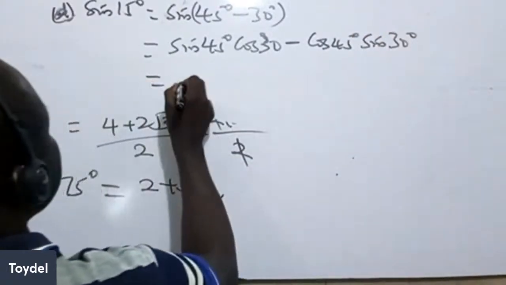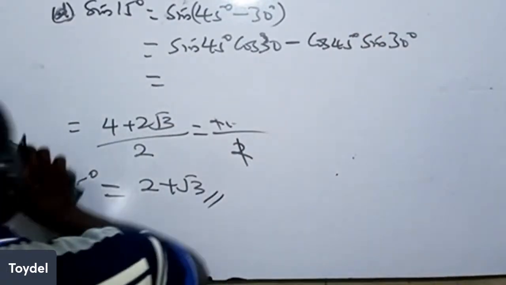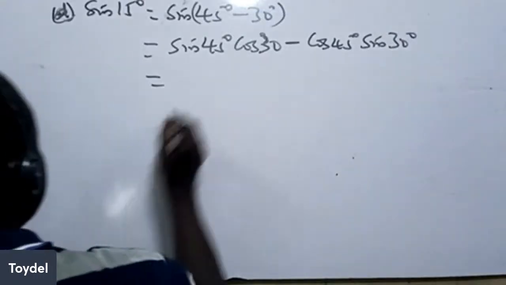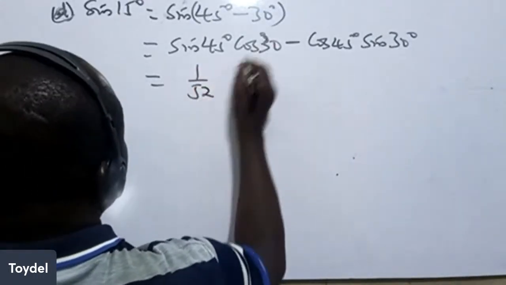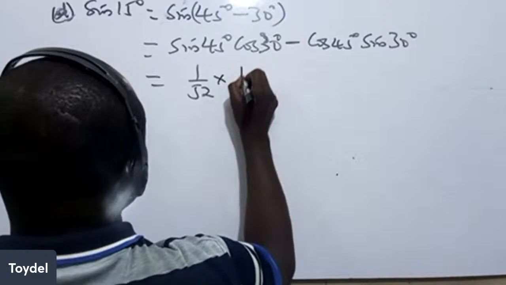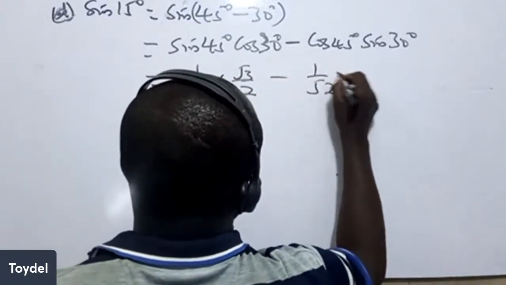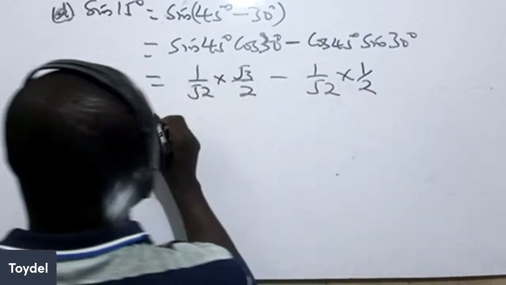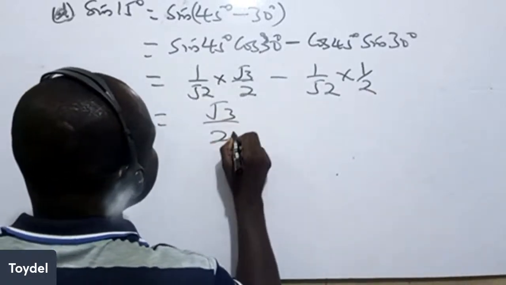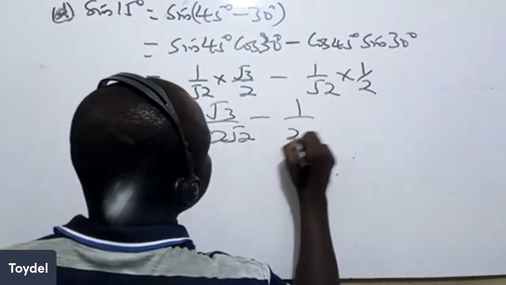Then we substitute. What is the value of sine 45? 1 over square root of 2. Cos 30 is root 3 over 2, and sine 30 is half. So this will be 1 over root 2 times root 3 over 2 minus 1 over root 2 multiplied by half. So here we are going to have root 3 all over 2 root 2 minus 1 over 2 root 2.